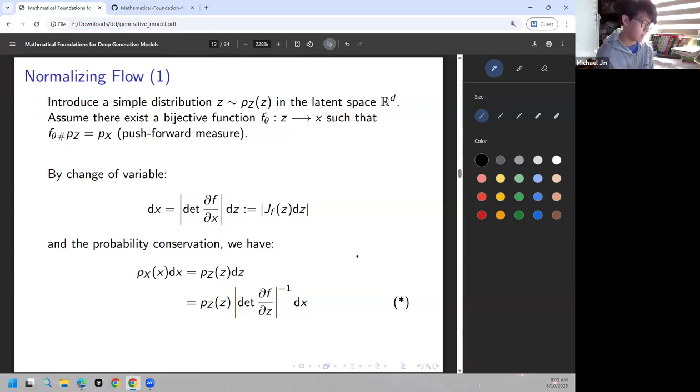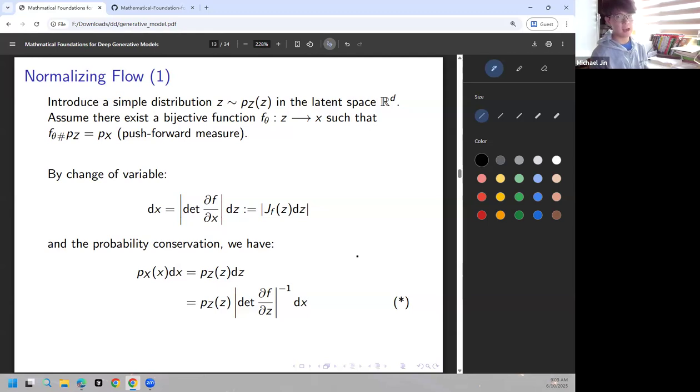And also, we have another thing that is the probability conservation. In the process of push forward, we push from a simple distribution, the Prior, to a complicated one, the real data distribution. We hope the probability should be conserved. That is, the probability over a small region should not change, right? So the probability over a small region in P of x should be P of x times dx, right?